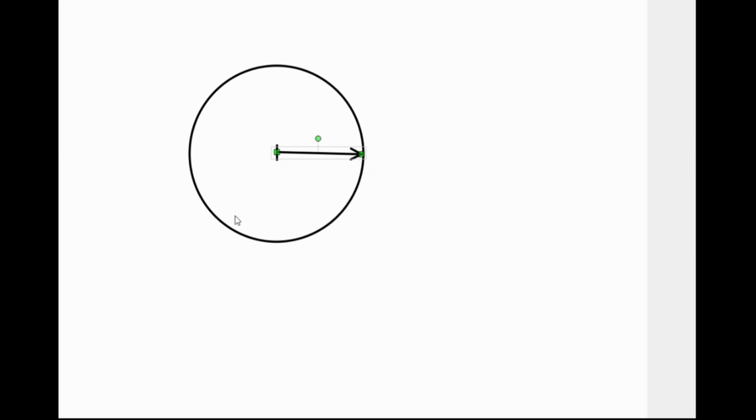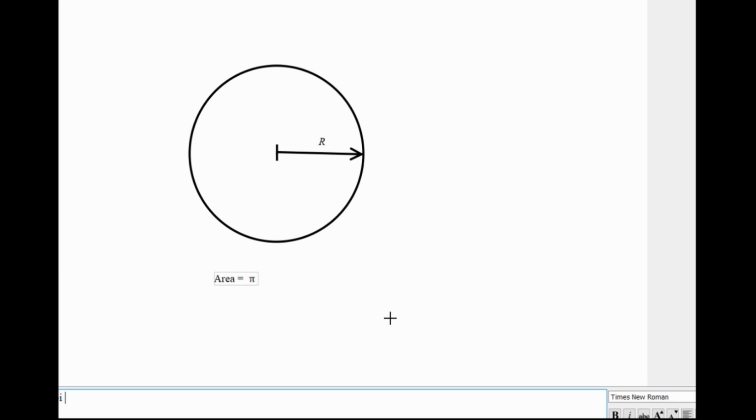There is the radius, and we can give that the letter R. Some people use lowercase, I've used uppercase, it doesn't matter. Our area, you must remember this, area equals pi r squared.